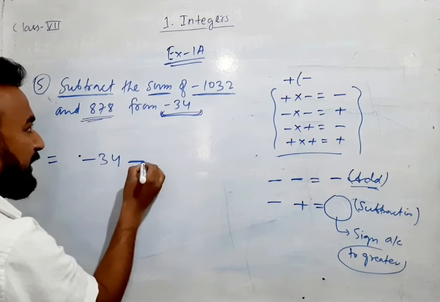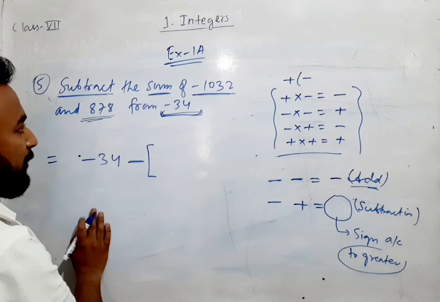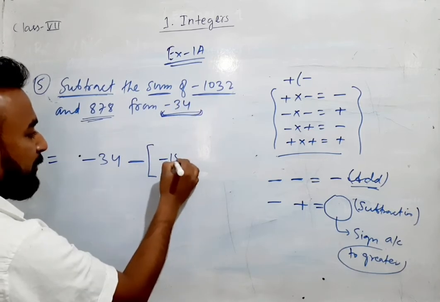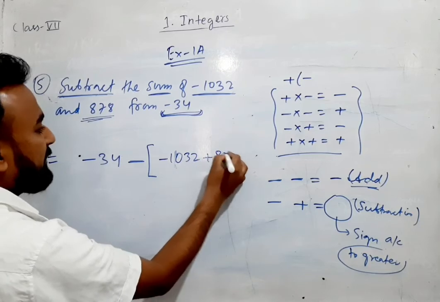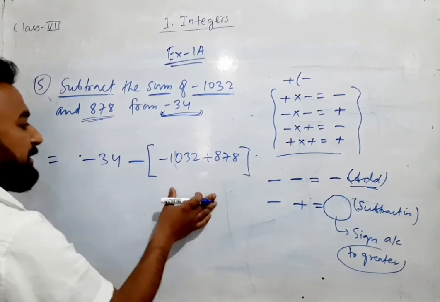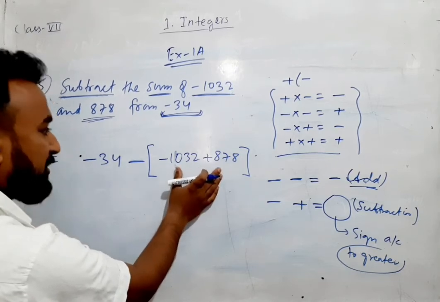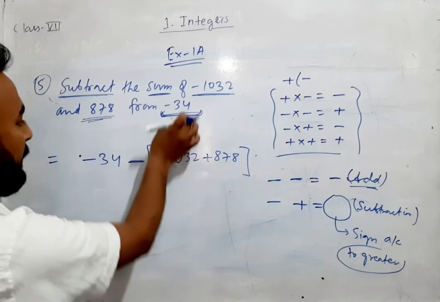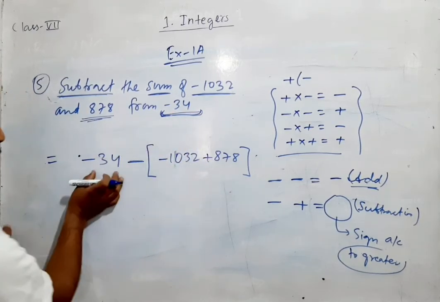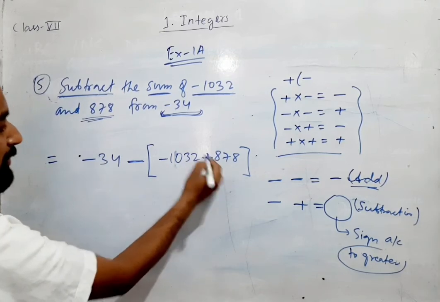So put here a negative sign, then use a square bracket, and inside the bracket put 1032 plus 878. See, this is the relation. Minus 34 is on the left side, and this is for subtraction, and this is for summation.